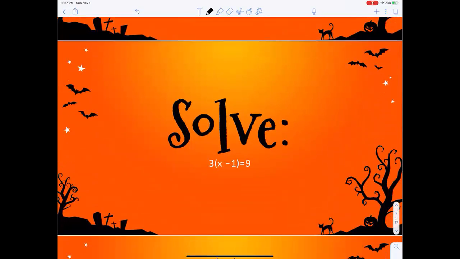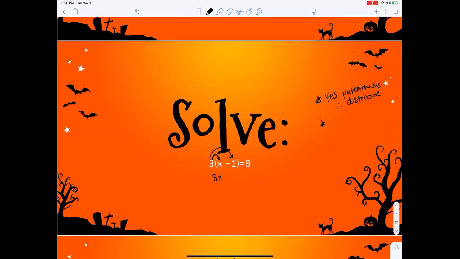And as you can imagine, now I have another problem where I do have parentheses. Yes, parentheses. Therefore, I do have to distribute. And then right away, I know that when I distribute, I'm going to have a 3 and an x, because 3 times x, that's the first arrow.